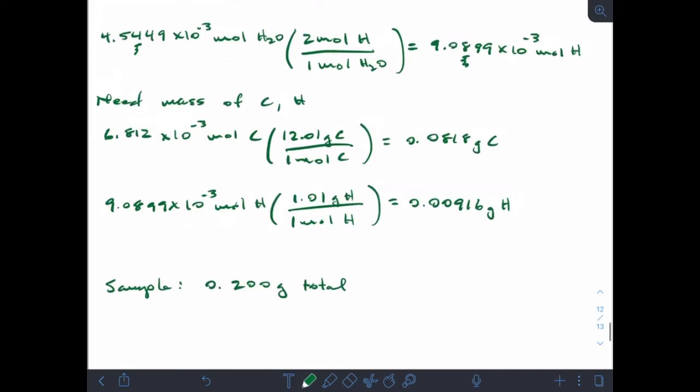Okay, so that means that the mass of carbon plus the mass of hydrogen plus the mass of the oxygen equals 0.200 grams. Right? If I know the carbon and the hydrogen, then I can find out how much oxygen was in just the sample. Not the O2 that it is combusted with, but how much is just in the sample.